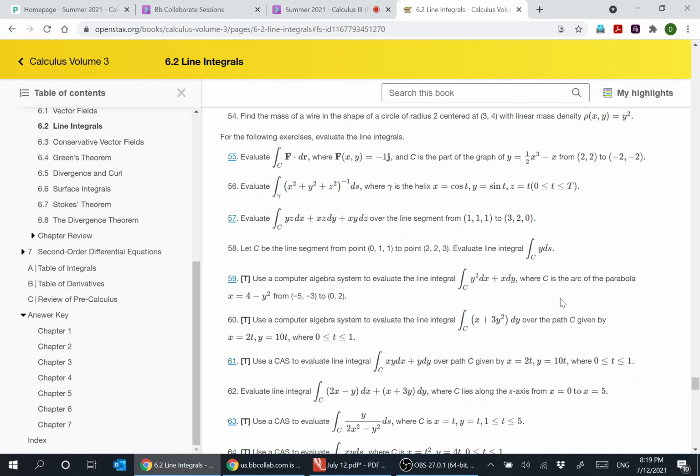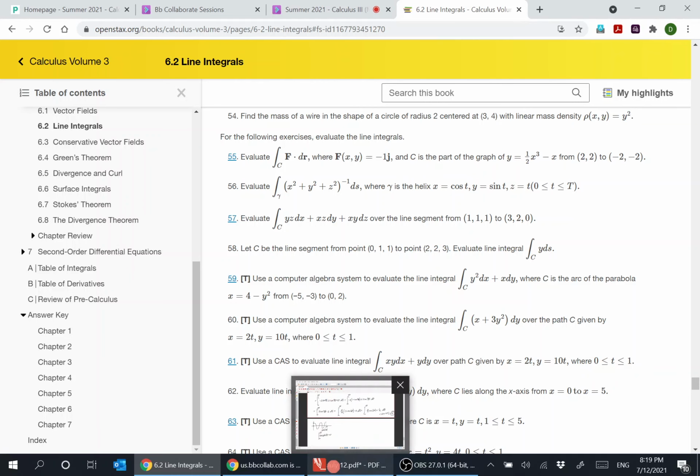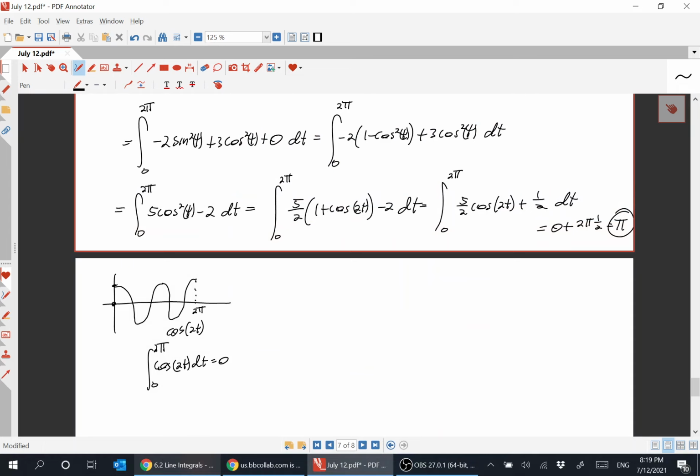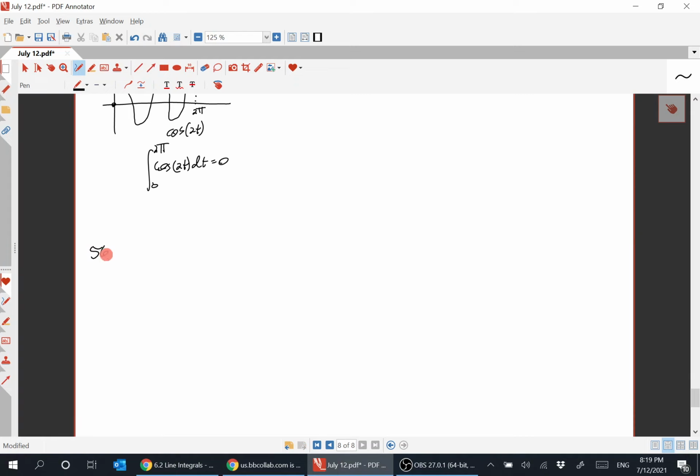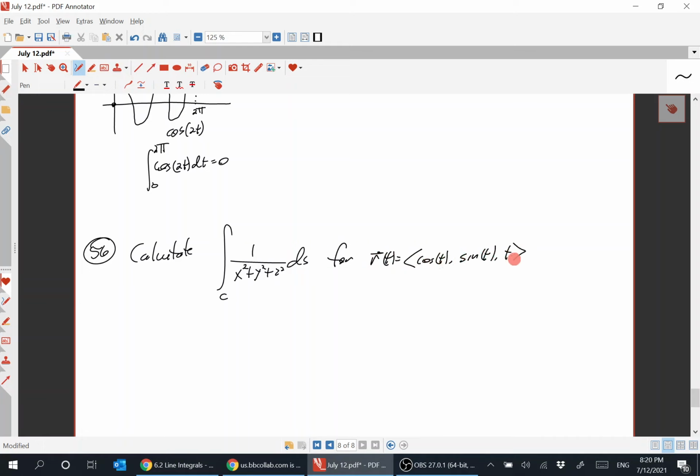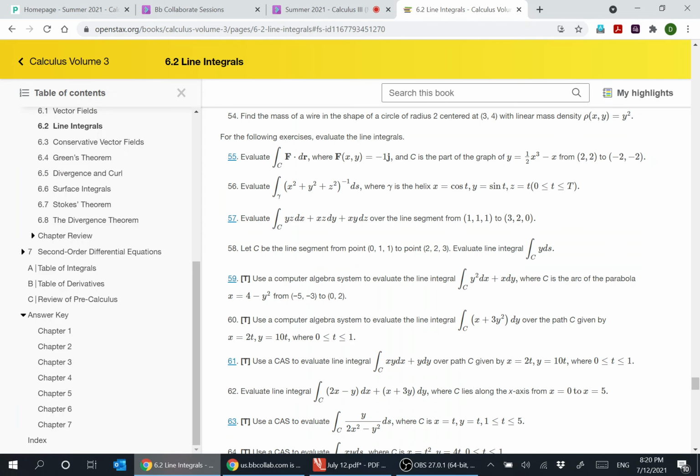So 56, that's a scalar line integral. So calculate the scalar line integral of 1 over x squared plus y squared plus z squared ds for r of t equal to cosine t, sine t, t, so that standard helix.